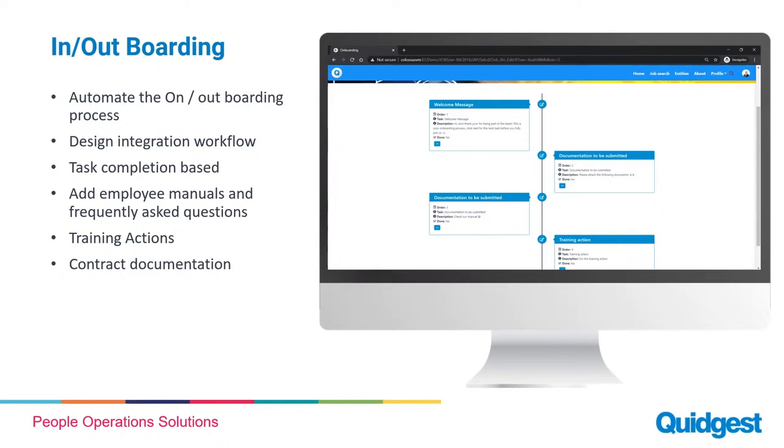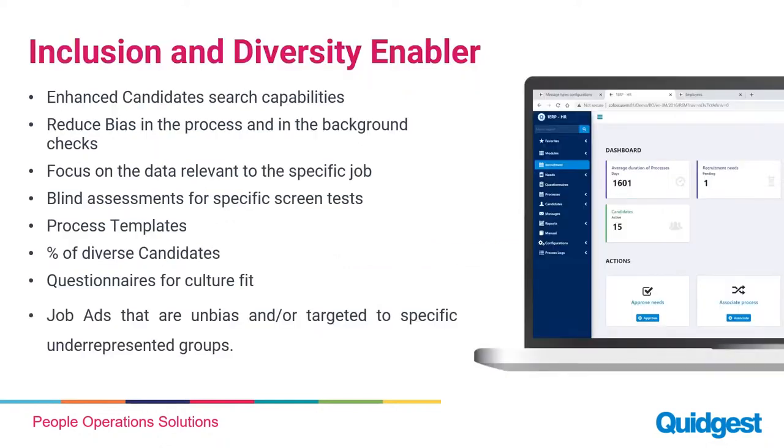We can add employee manuals, frequently asked questions, training actions, and the contract documentation. So basically we track the activities from the moment I'm a candidate to the moment I move over from a candidate to an employee.